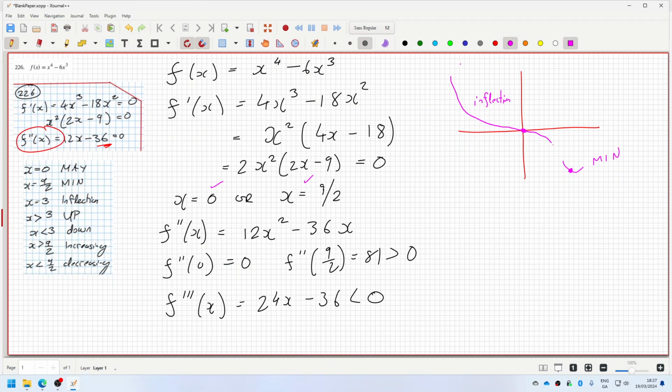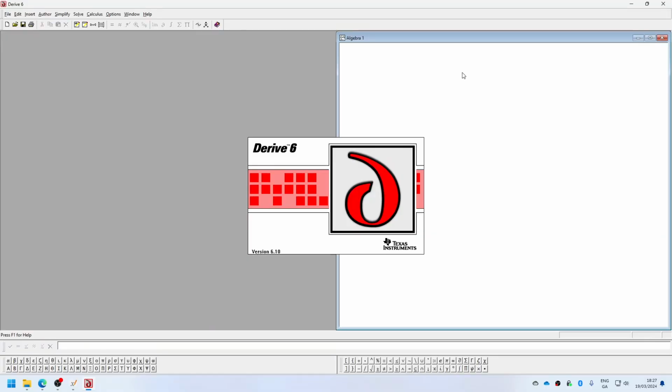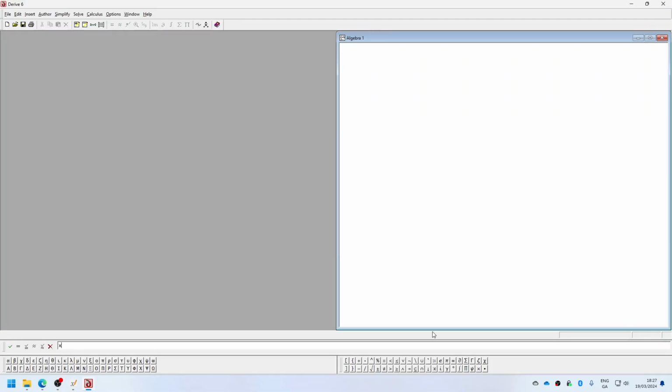But I can't be. Is it going to go back up? It is. I think it looks something like this. X power 4 minus 6x cubed.